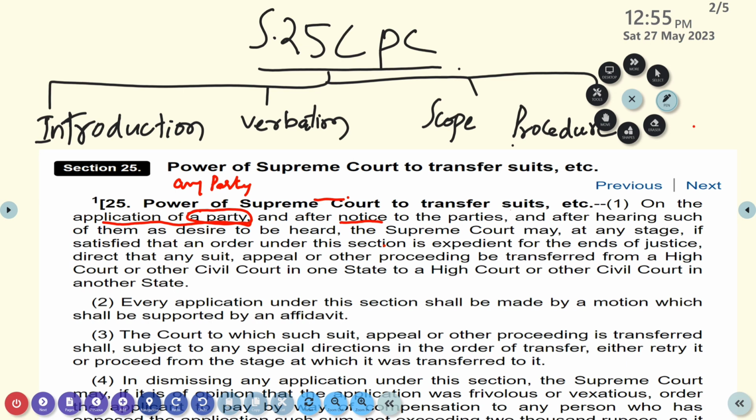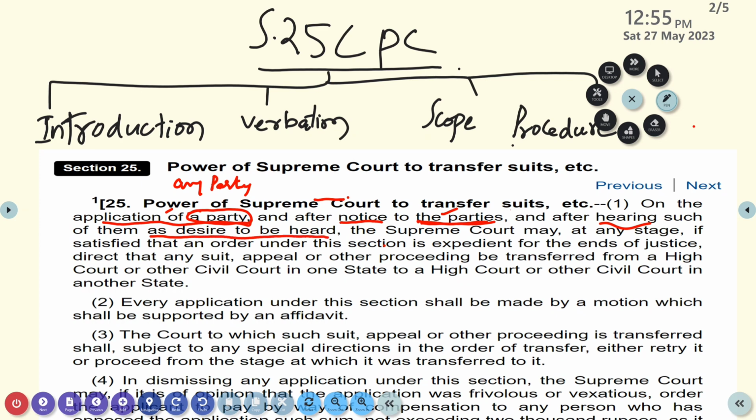Notice should be given to the parties. The parties means all parties. So, application is over, notice is over. Next, what remains? Hearing. Hearing of the same as desired to be heard.